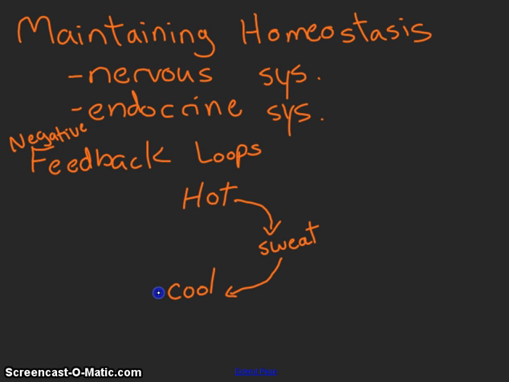And then what happens next is we stop sweating. And then maybe if you stop sweating and it's still hot out, your body temperature goes back up. Well, guess what's next? You start sweating again.